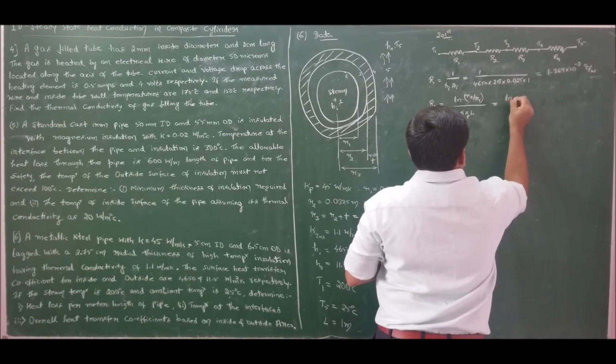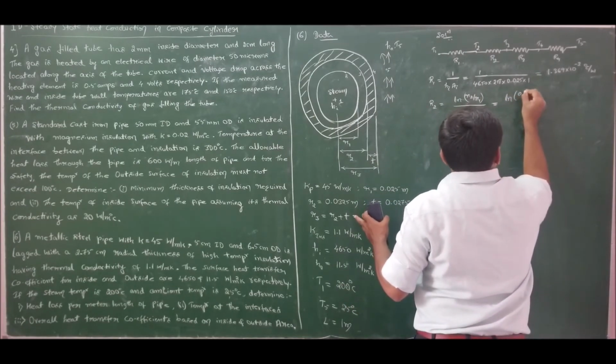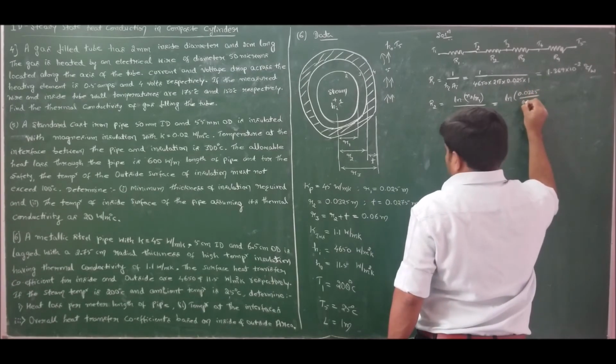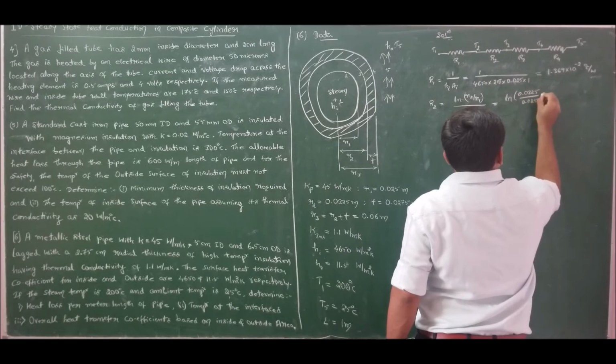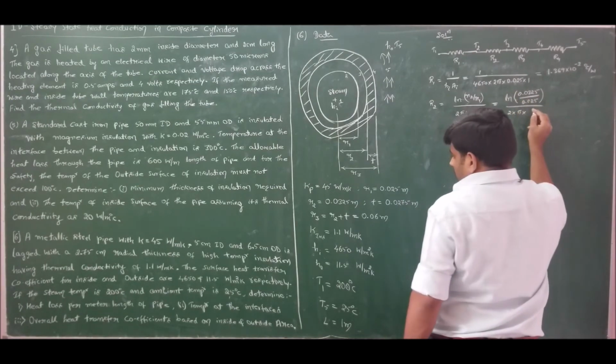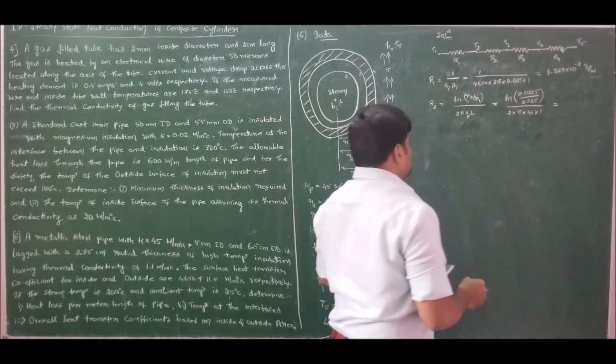So which is equal to ln of R2 by R1, that is 0.0325 divided by R1, which is 0.025, divided by 2 into pi into K of pipe, which is 45, into length, which is 1.